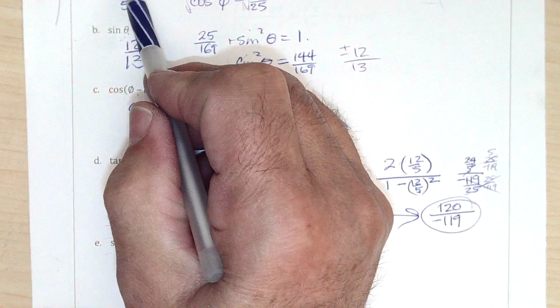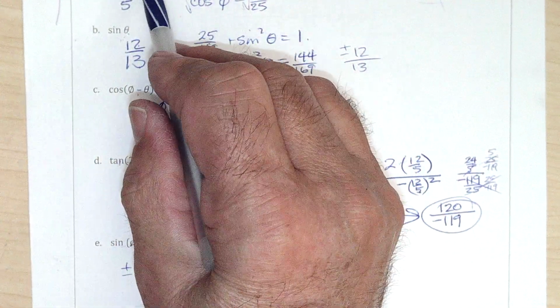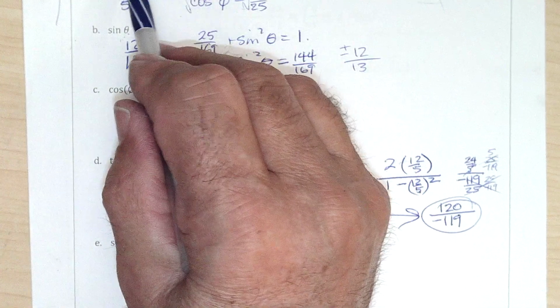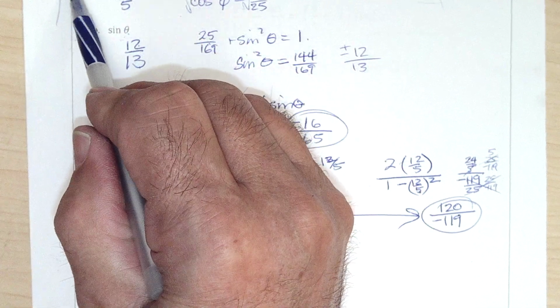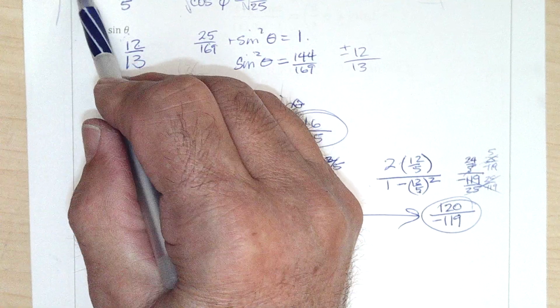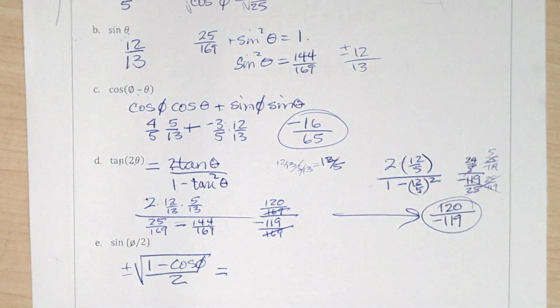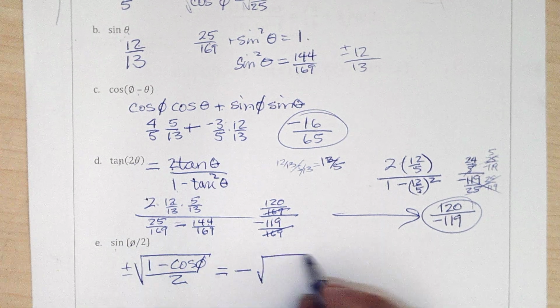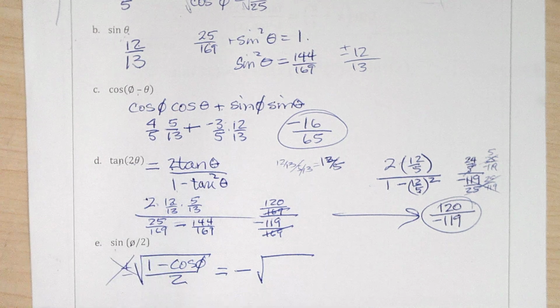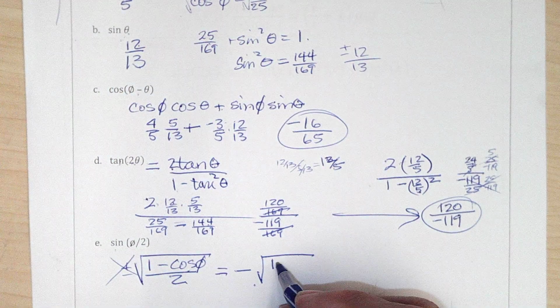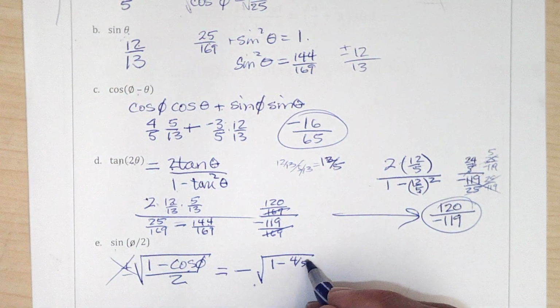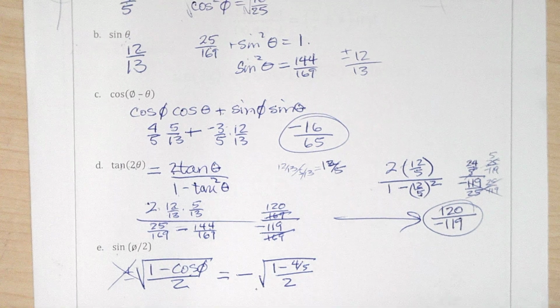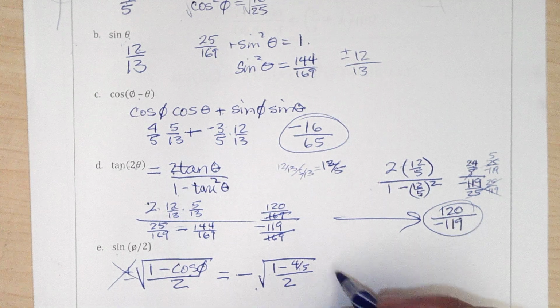Well, if phi is in the fourth quadrant, because the sine was negative, it was down here, half of phi would still be in the fourth quadrant, and the sine would still be negative. So we're going to use the negative one, not the positive one. And it's 1 minus the cosine of phi, that's 4/5, over 2. So 1 minus 4/5 is 1/5, divided by 2 is 1/10.